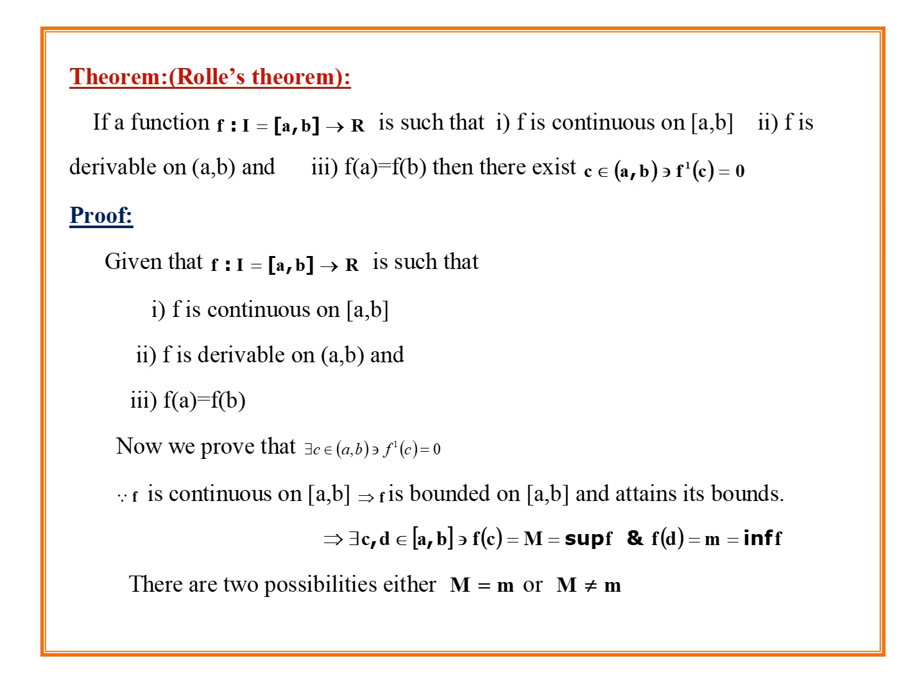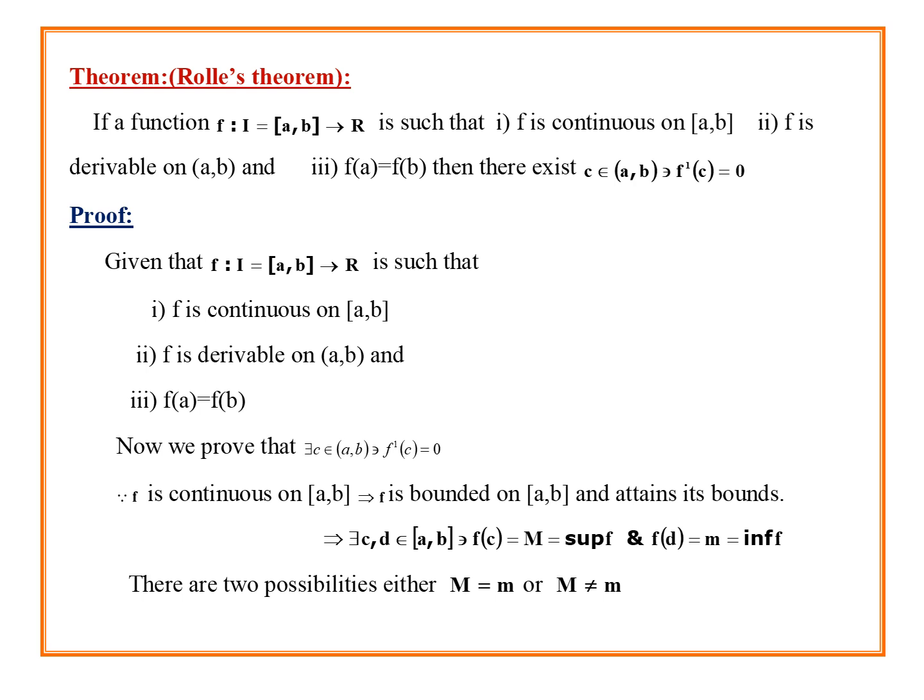Now the proof. Given that f is mapping from closed interval [a,b] to R is such that, what are the three conditions of Rolle's theorem? f is continuous on closed interval [a,b], f is derivable on open interval (a,b), and f(a) is equal to f(b). Now we prove that there exists an element c belonging to open interval (a,b) such that f'(c) is equal to 0.